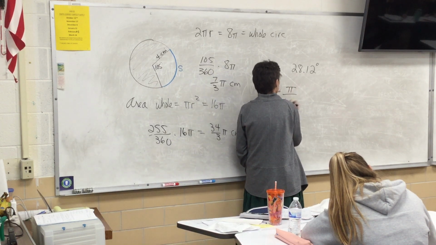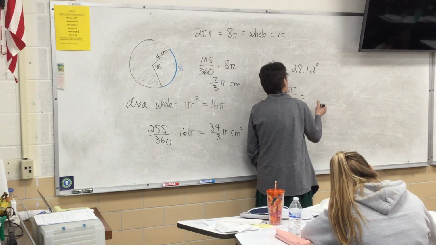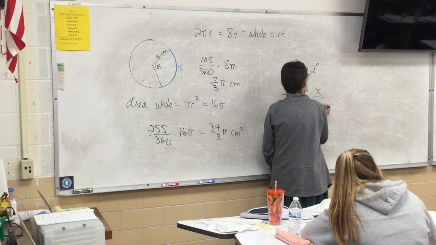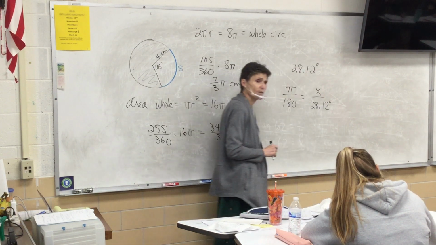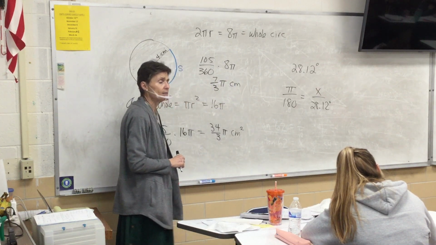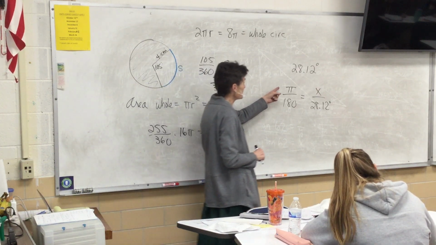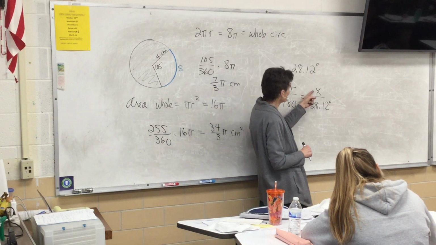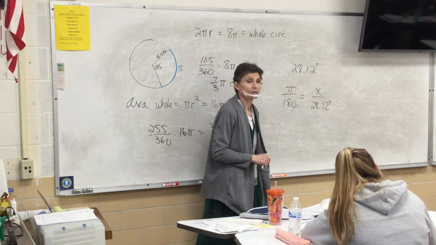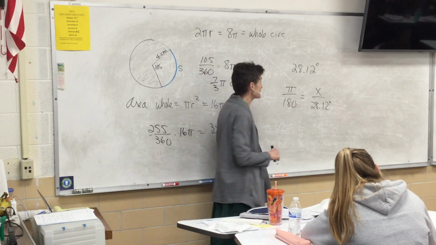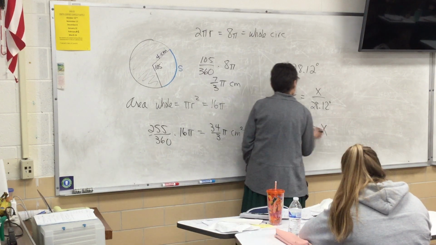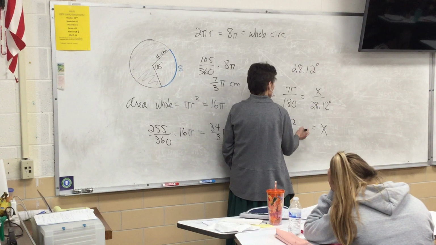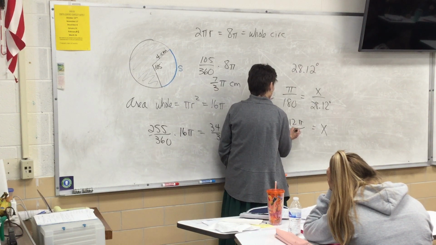So 28.12 degrees, changing it into radians. Pi is to 180 as something is to 28.12. That's how I change degrees into radians. I know that pi radians is equivalent to 180 degrees. So how many radians are equivalent to 28.12 degrees? So x equals 28.12 pi over 180.